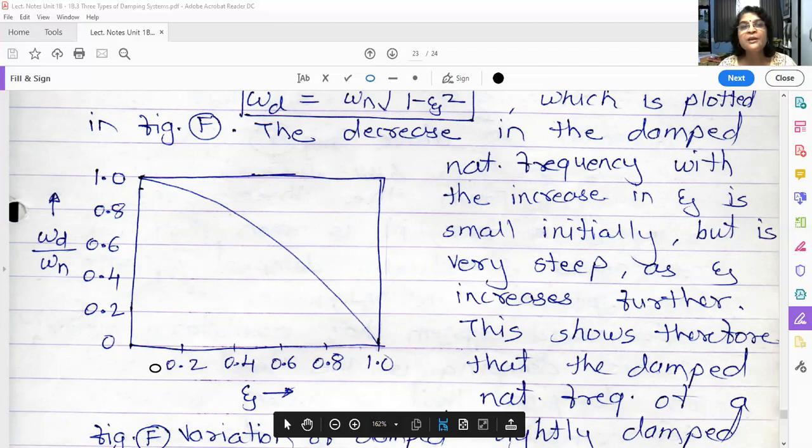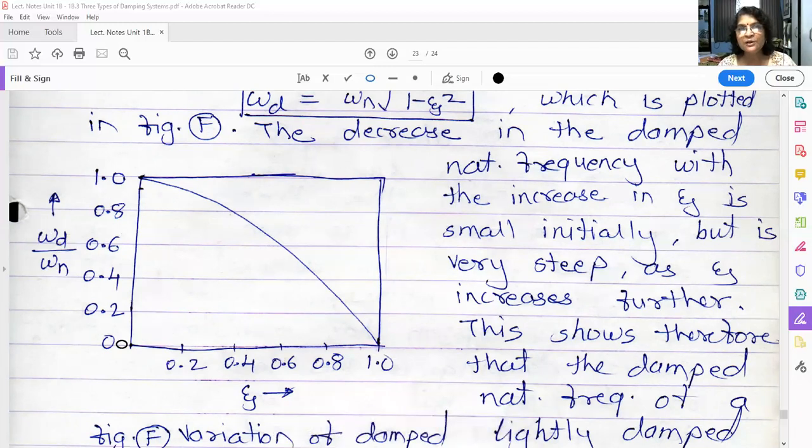We have shown here 0.2, 0.4, 0.6 and 0.8. And what is the value of omega d upon omega n? It is also ranging from 0 to 1. When omega d is maximum, it will be equal to omega n. So the maximum value of omega d upon omega n is 1.